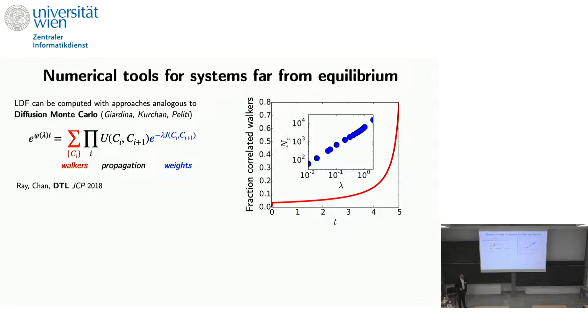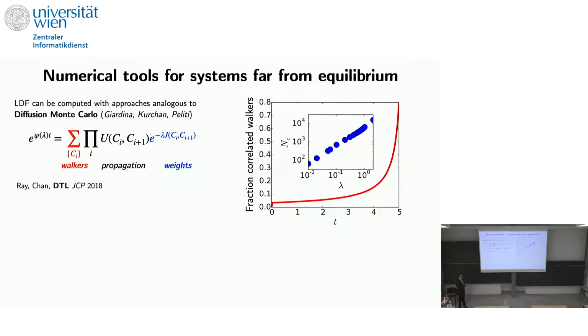If I look at collections of large numbers of particle systems, even over small times, those weights can grow very large. These are quantifications of how that behavior grows in. This is an eventual exponential scaling of the number of correlated walkers, so a measure of statistical independence and estimates of these large deviation functions.